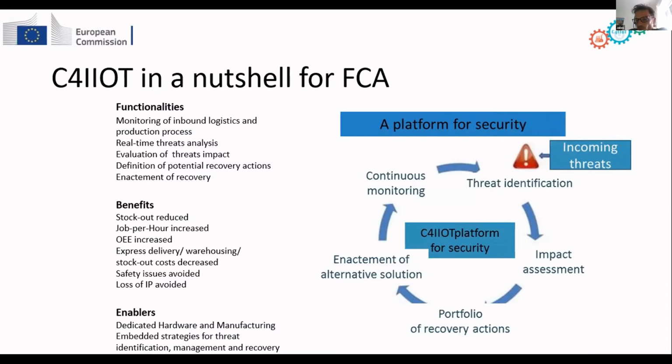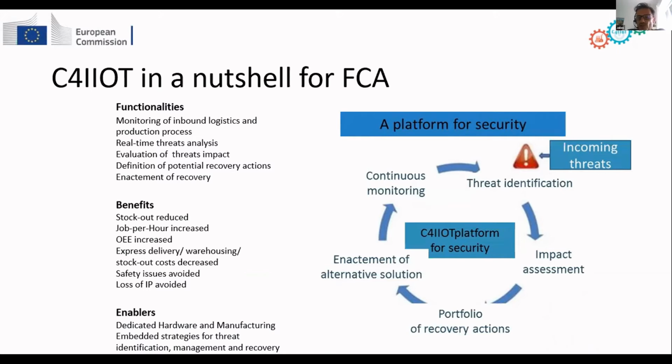So on the right-hand part, this is our view of it. In this life cycle, let's say, of the productive system, we have an incoming threat identified by the platform. Its impact on the system is assessed.